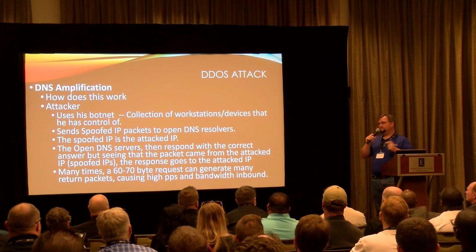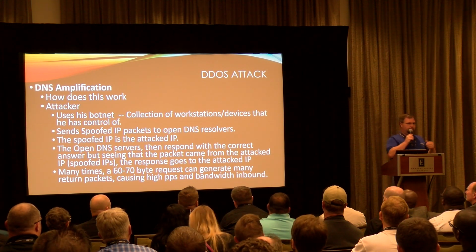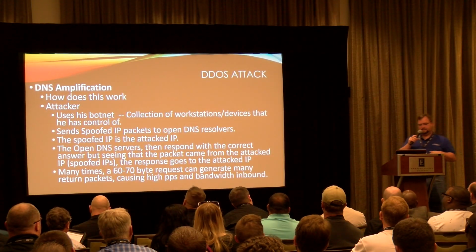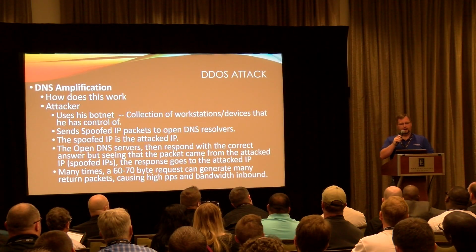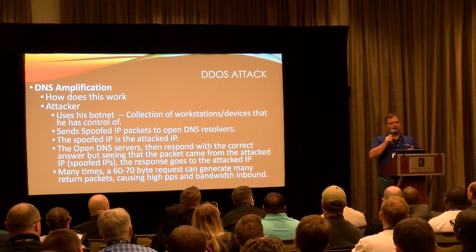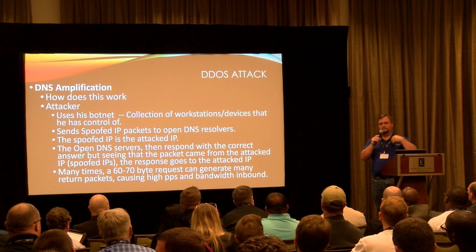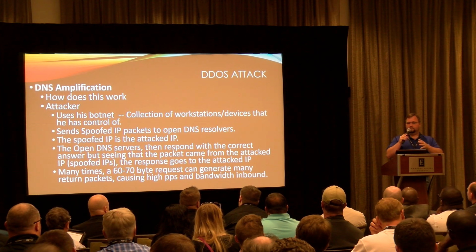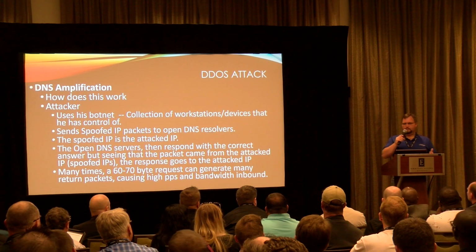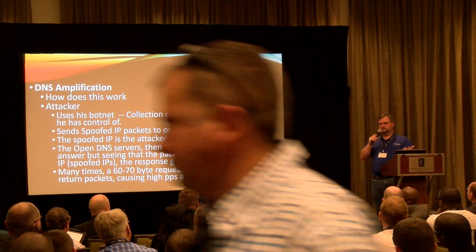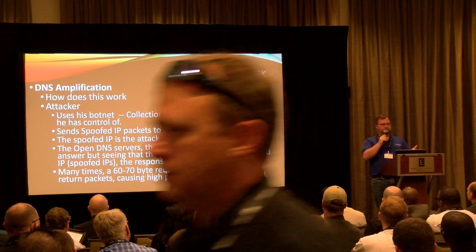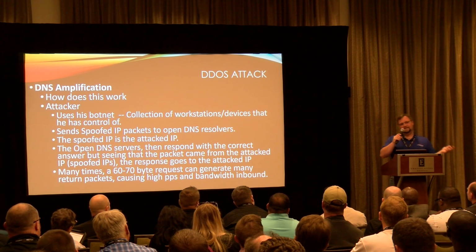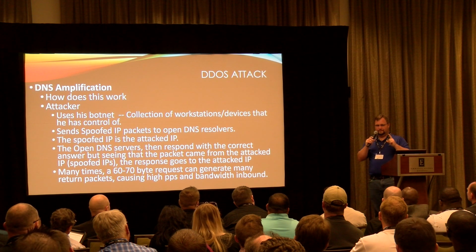But what it does is it spoofs the IP. So the person being attacked, the attackee, is the IP being spoofed: the request says, I want Microsoft.com, but I want it to go to this IP. Now you have several thousand botnet users all requesting various DNS queries, and all these open resolvers are responding and sending the responses to one IP.